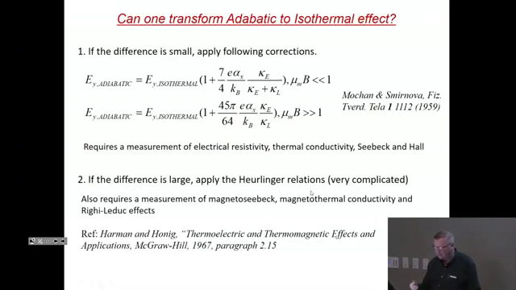If the difference between the isothermal and the adiabatic coefficients is large, and you only have adiabatic data, then there is still a way. It's called the Hörlinger relations. And I refer you to Harman and Honig's book. It's paragraph 2.15, and it's a perfect nightmare because you have to apply the Hörlinger relations. You have to make a simultaneous measurement of adiabatic Nernst, adiabatic magneto-Seebeck, magnetothermal conductivity, and Righi-Leduc effects.